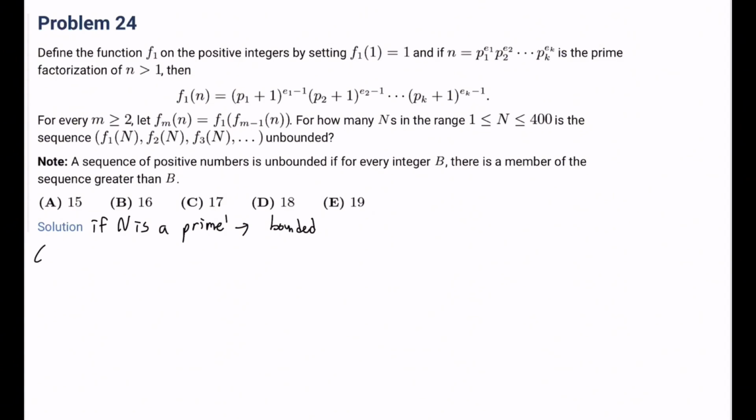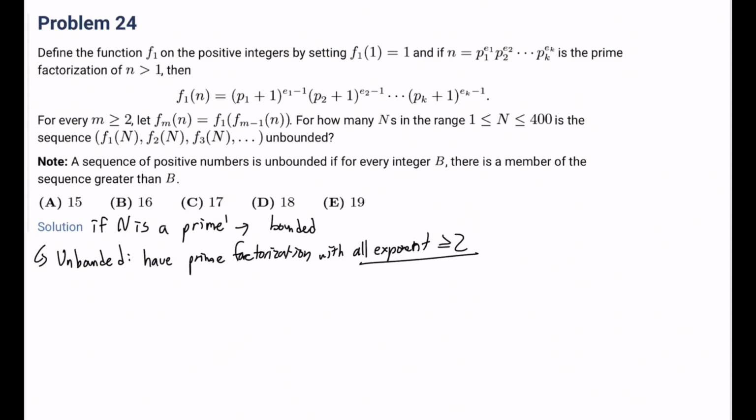And so that means that the numbers that are unbounded must have prime factorization with all exponents greater than or equal to 2. So if that is true, then since 400 is just 20 squared, that means all these prime factors, such numbers will contain primes from 2 to 19 only.